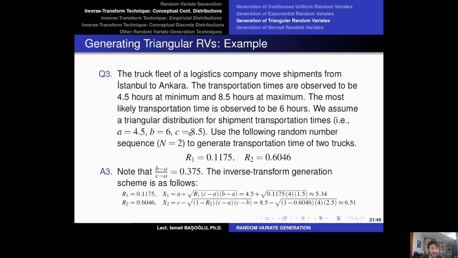So you see, after checking this condition, whether your random number is less or greater than this value, you are going to generate a random variable which is either less than or greater than b, the mode of the distribution. So with the second function, you never generate a random variable between a and b, and with the first function, you will never generate a random variable between b and c.